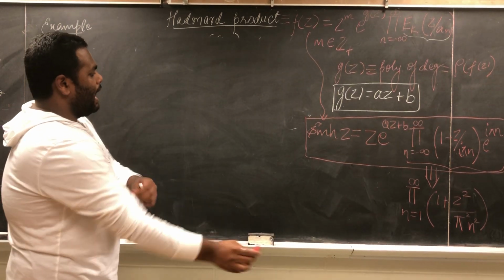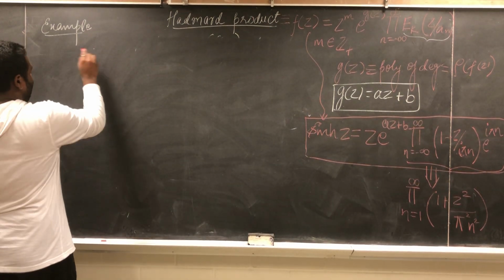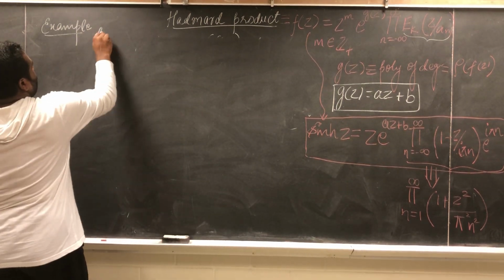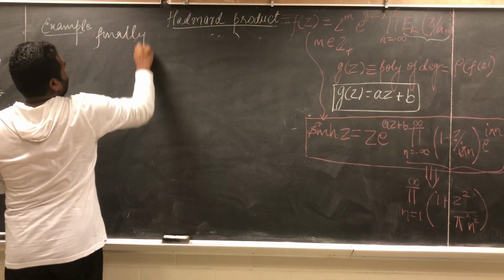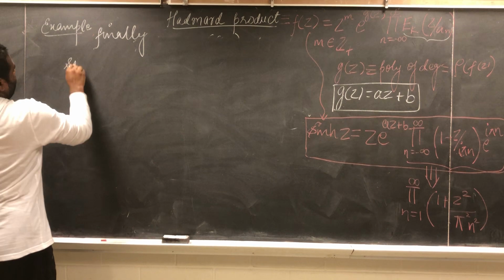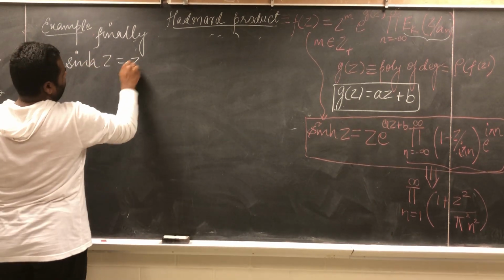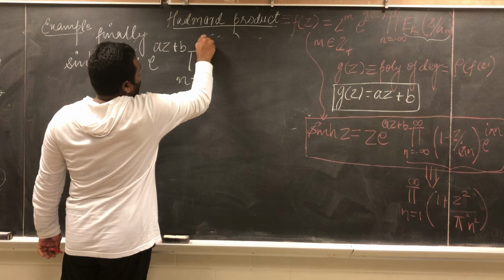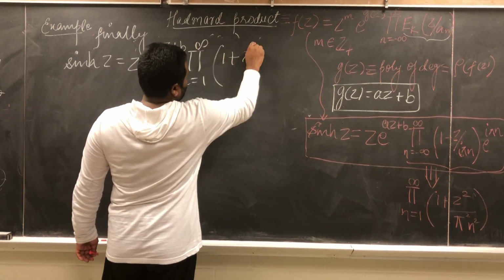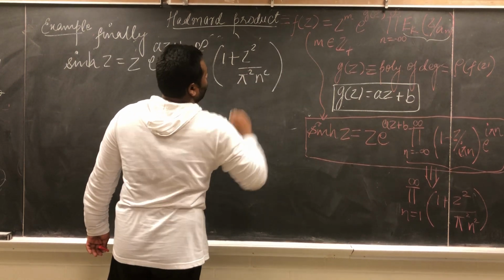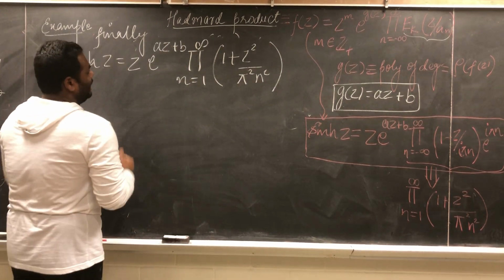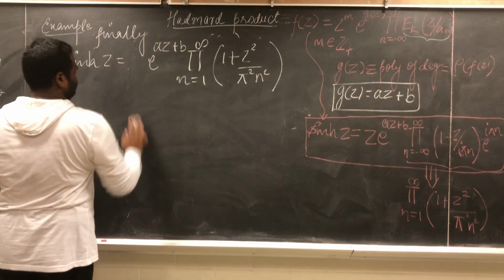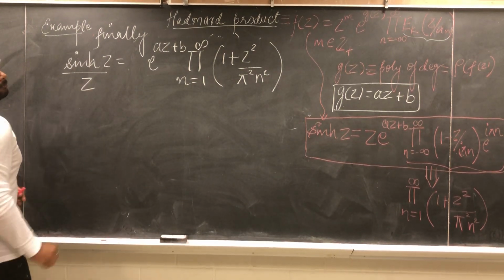Okay. And so finally, what we have is sine hyperbolic z is nothing but z e to the az plus b, countable product of this. Now, in order to determine A and B, we can divide the whole equality by z, right?